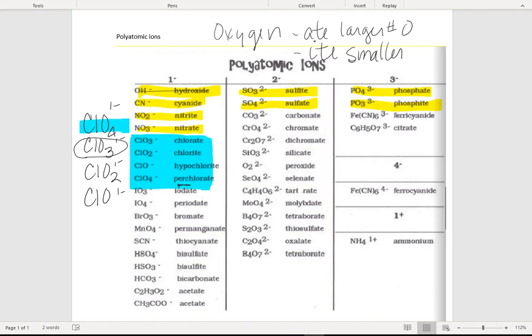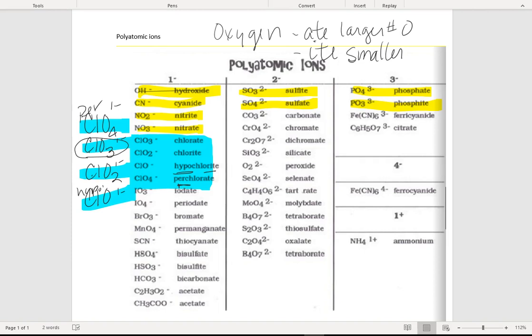So perchlorate, then chlorate, then chlorite, and then for our ClO, which has only 1 oxygen, we put a hypo on the front of chlorite. So we have perchlorate, chlorate, chlorite, hypochlorite. And I don't know how to remember them except to tell you, you gotta memorize them.